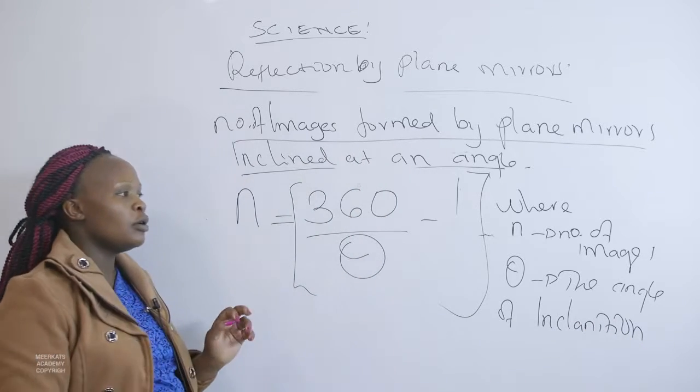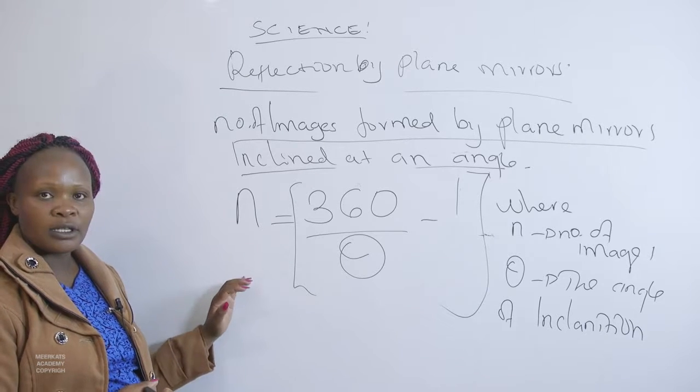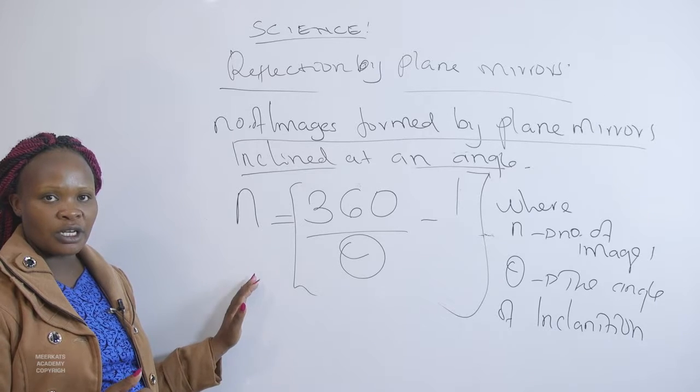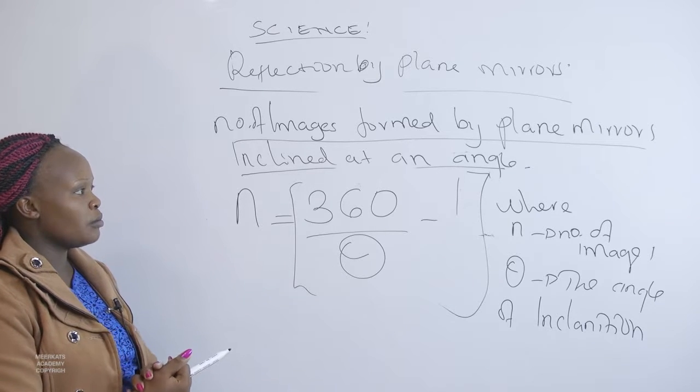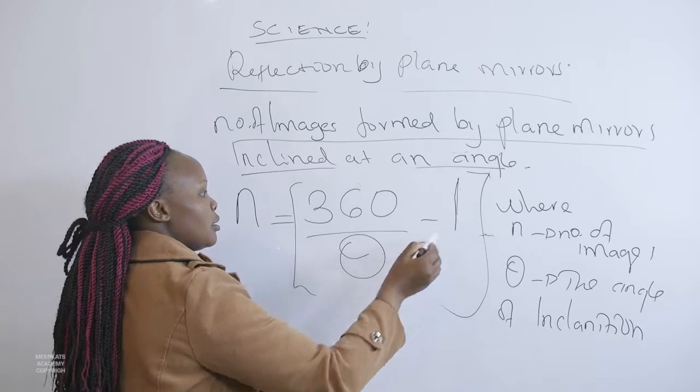The angle of inclination. That is the relationship that is going to give you the number of images formed by plane mirrors.